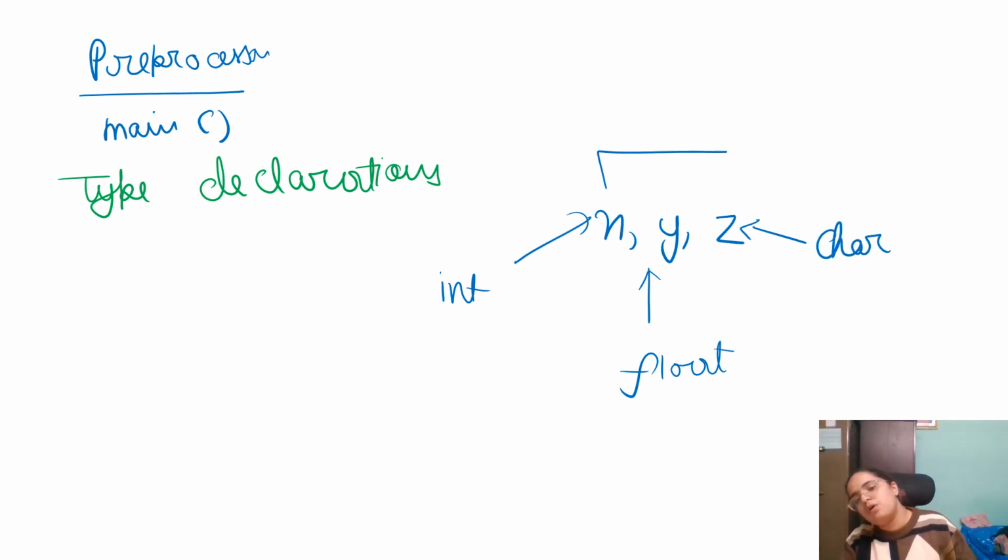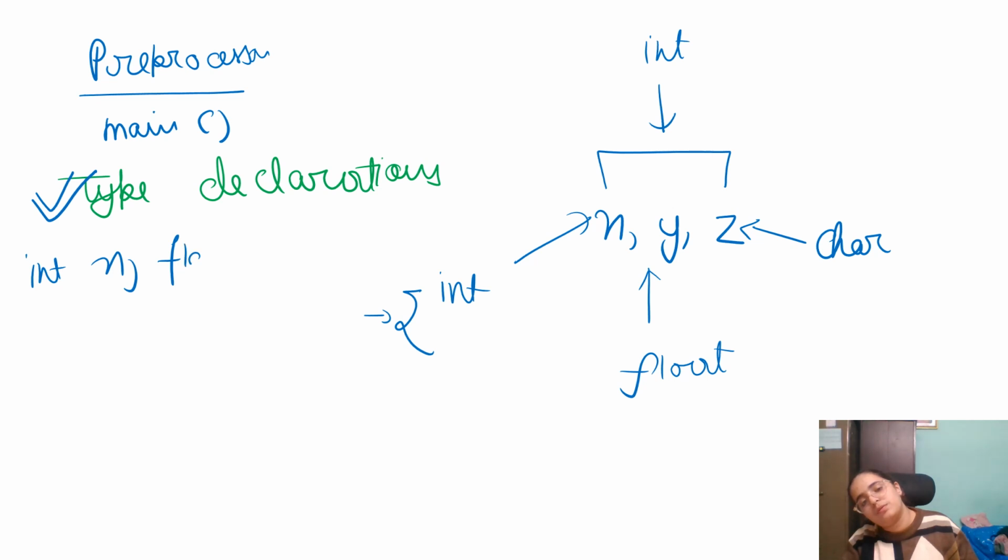Or I can say all my x, y and z are int. So after my main statement, this is the first statement that occurs. So always and always after our main function, we write our type declarations. So if this condition is true, then I'll write int x, comma, float y, comma, char z and our terminator.